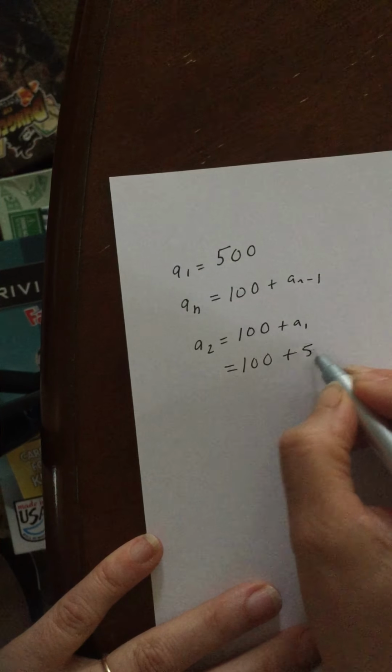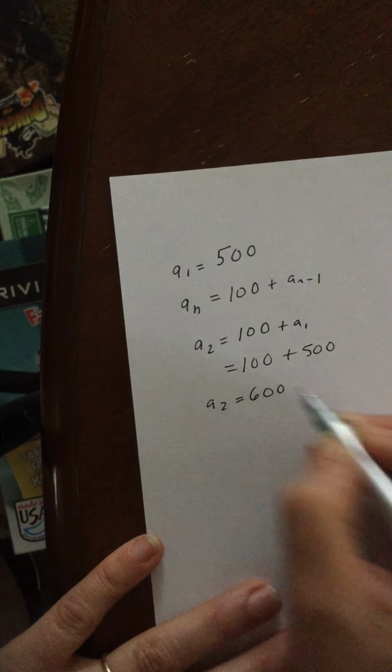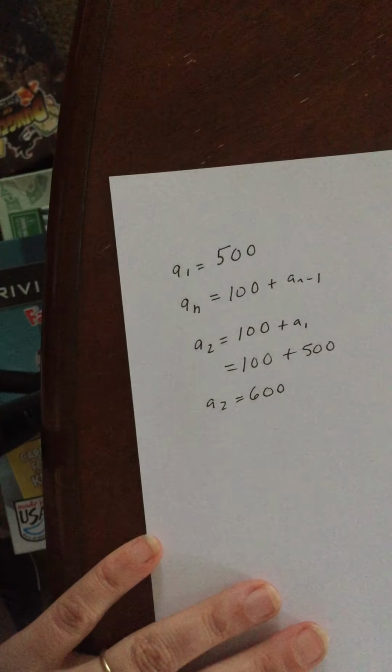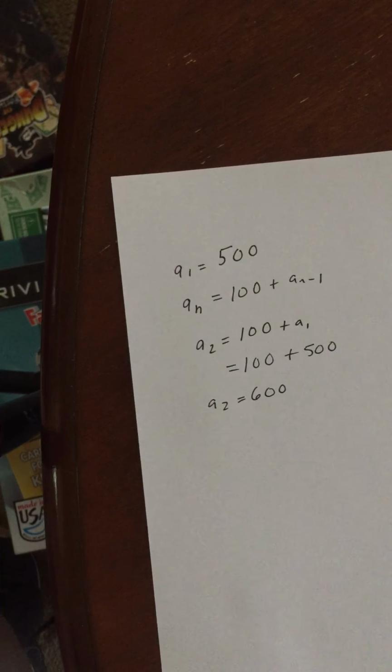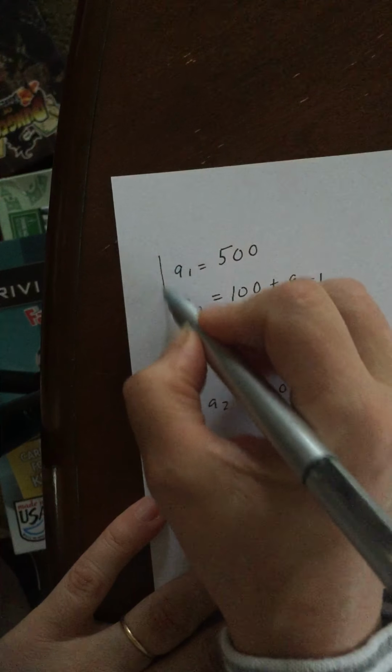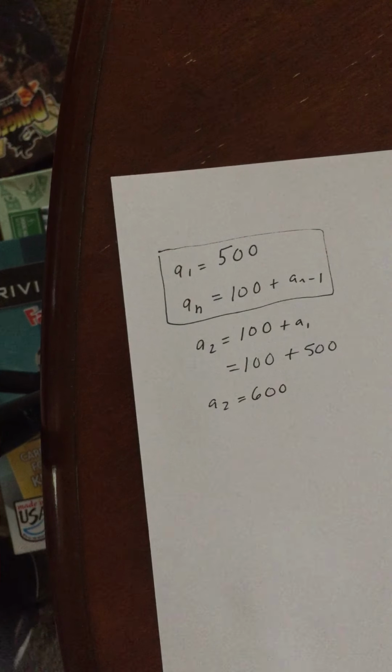That's 500, so A2 equals 600. It's tedious to use this formula generating mechanism, but I want you to understand how you can use different formulas to calculate the things you need.